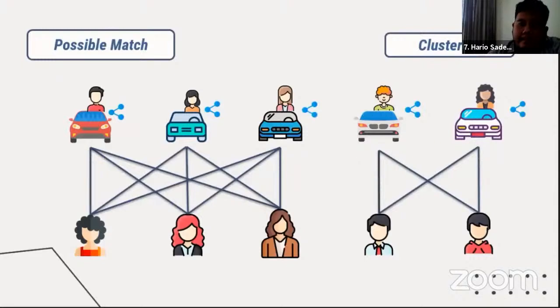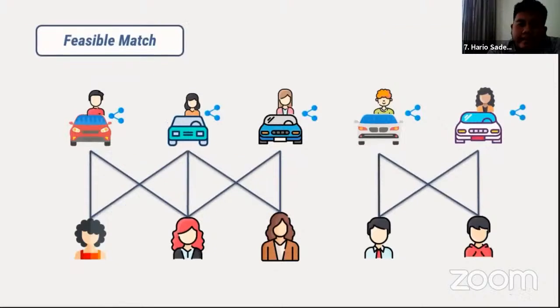After the possible matches are obtained from the clustering result, a driver and rider pair will be checked whether they are feasible or not. There is an illustration of feasible match. After finding a feasible match, the final step is to optimize the matching problem by using an objective function to maximize the number of matches in the ride-sharing system.